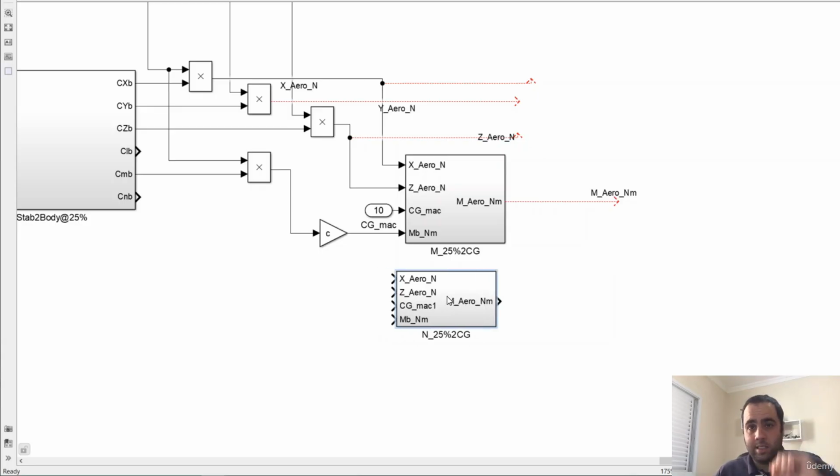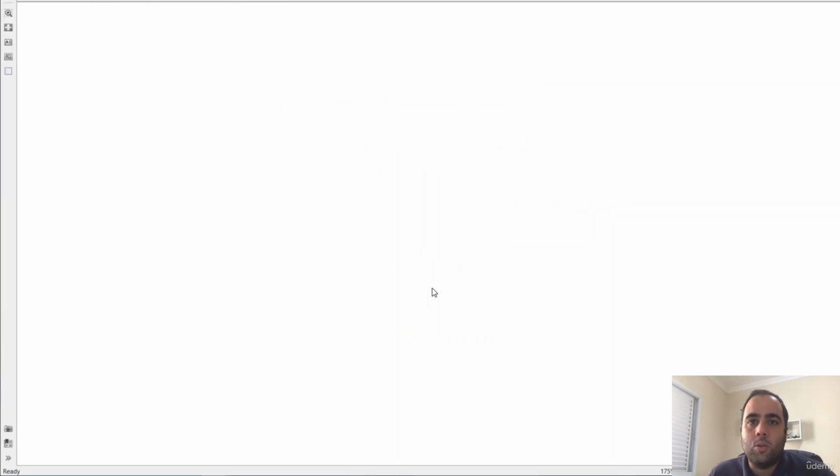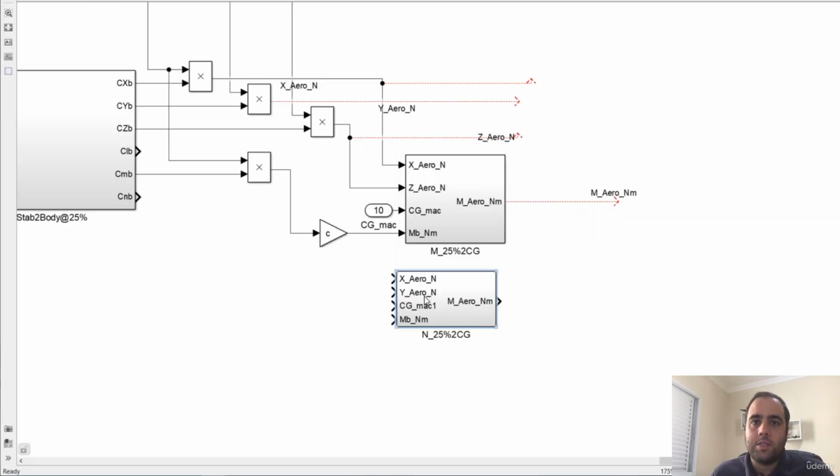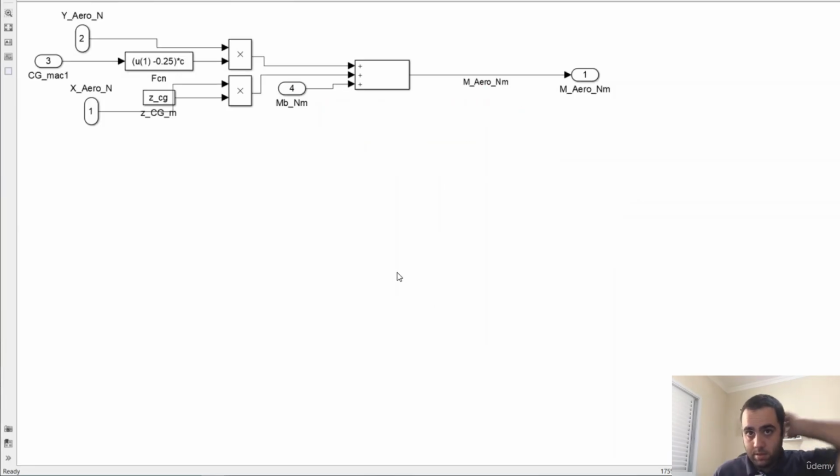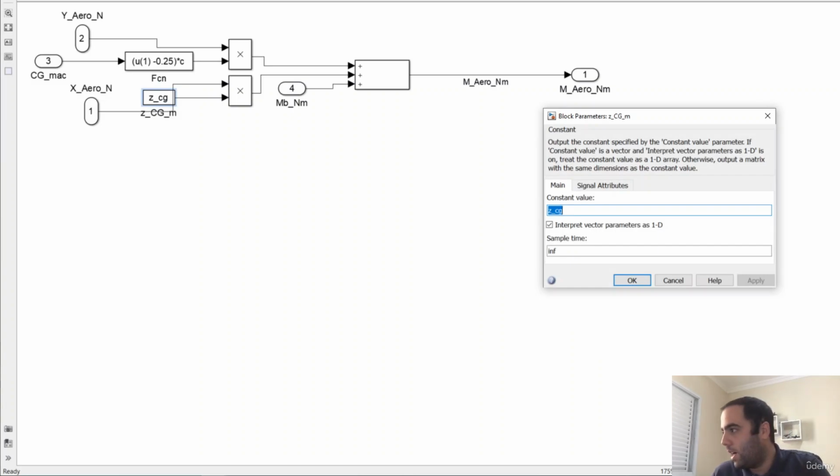For the N moment, we'll need the N moment, but we're also going to need the Y force and the X force. We're going to need the CG one more time, and now we're going to need the YCG instead of the ZCG.